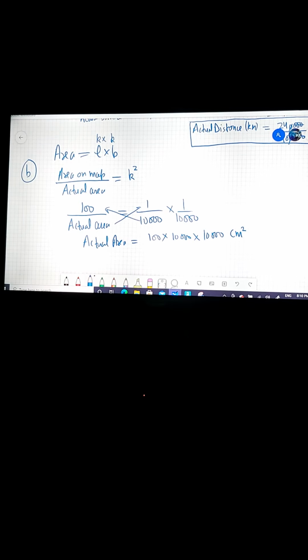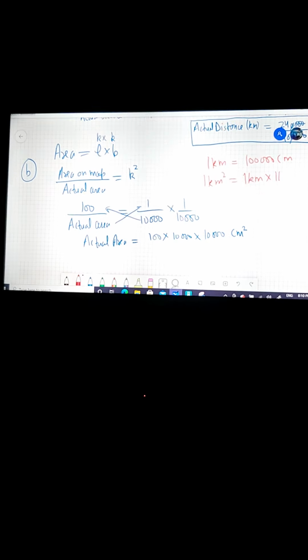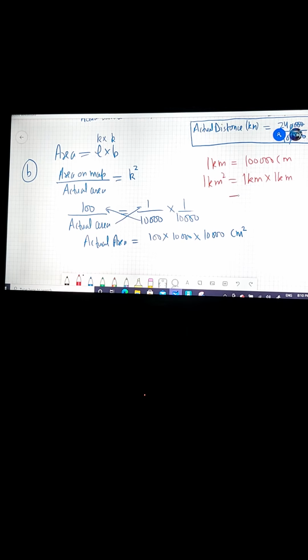Now when we say kilometer square, so we found that 1 kilometer is actually equal to 100,000 centimeter. So when we say 1 kilometer square, it means we are multiplying 1 kilometer with 1 kilometer. To convert it into centimeter, what should we do? 100,000 centimeter into 100,000 centimeter.